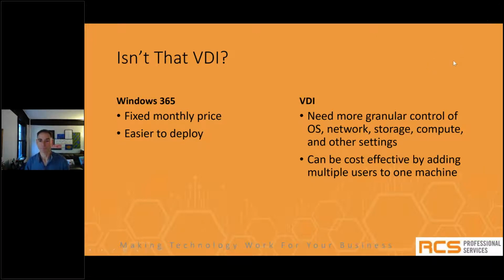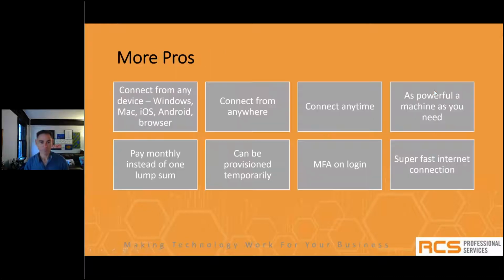Okay, so let's get to the more pros of this, because there happen to be a ton of pros of this technology that Microsoft has put out. And by the way, this is a whole arc of Microsoft moving from their old client server ways to the cloud.